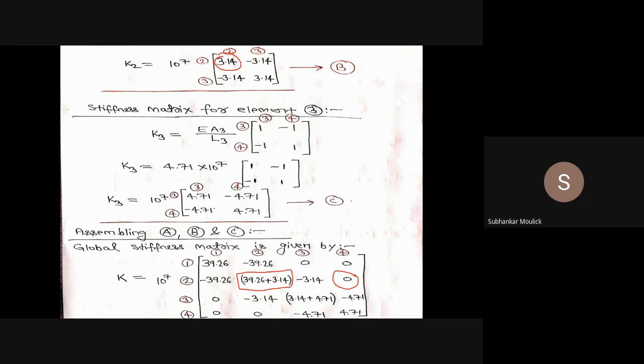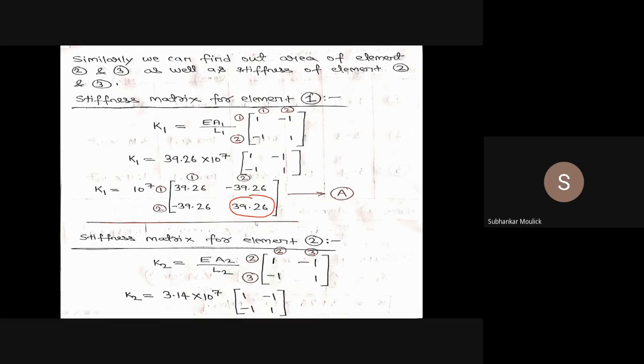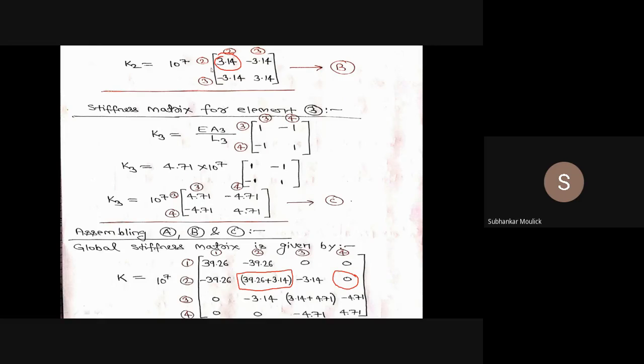But from the third element, neither second row nor second column is there. So the final assembled value, second row and second column, is 39.26 plus 3.14. Did you get my point?